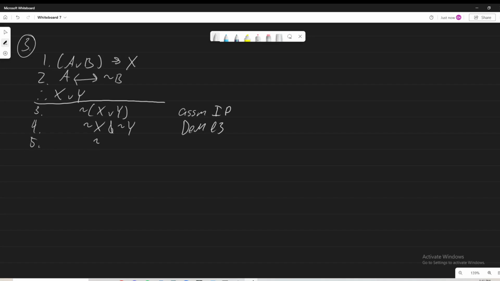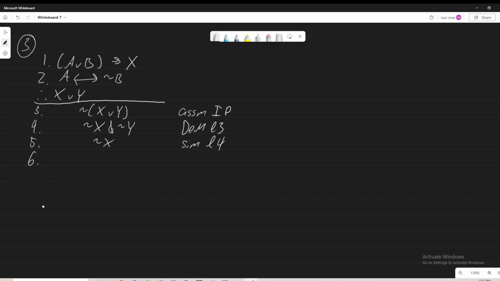And now we can simplify this, get not X on one line. And we can get not Y on its own line if we wanted to. But notice that not Y or any form of Y is not showing up in any of the premises in 1 or 2. So we're allowed to get not Y by itself. We can do that on a separate line, but we won't need it to progress in this proof. So I'll leave it out.